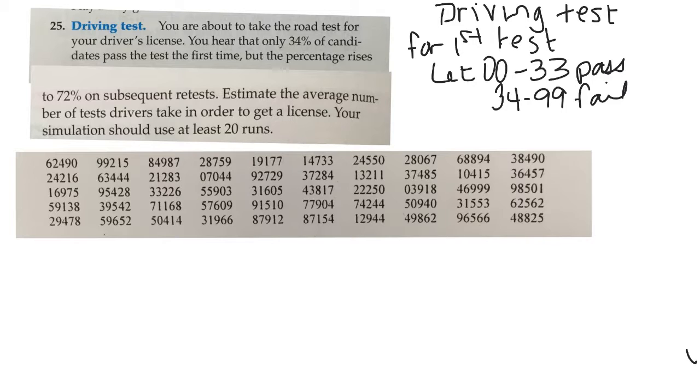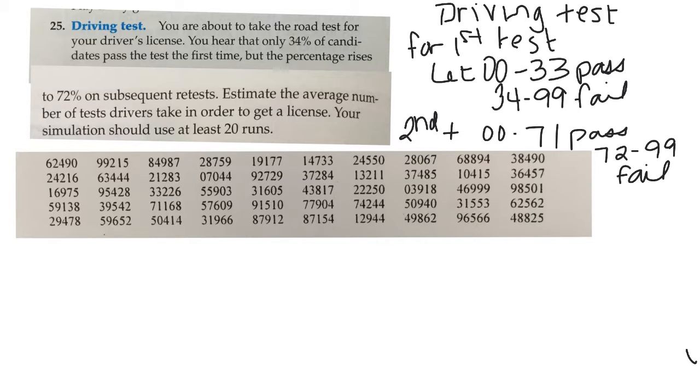And then for the second and anything greater, we have 0 to 71 because it's a 72% chance of passing be pass, and 72 to 99 be fail.